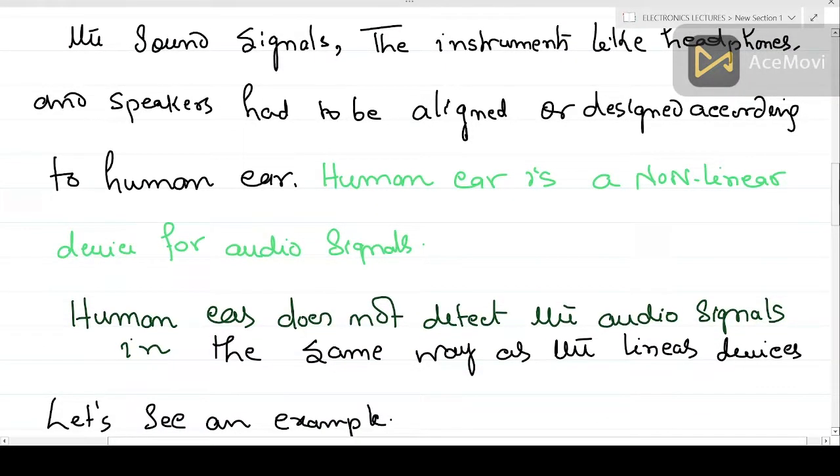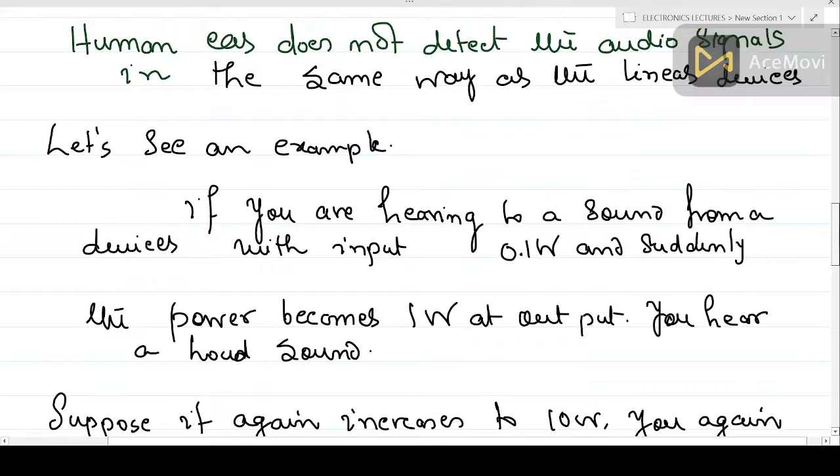Now what does this non-linear device mean? Let us try to understand. The human ear does not detect audio signals in the same way as linear devices, like your microphone and your headphones. Let us see an example.